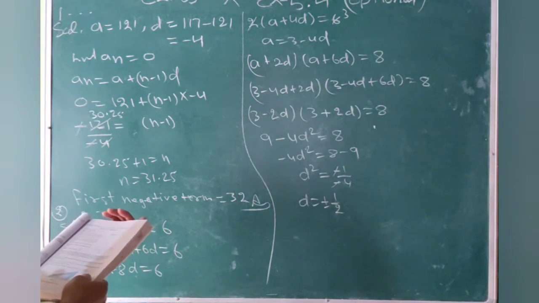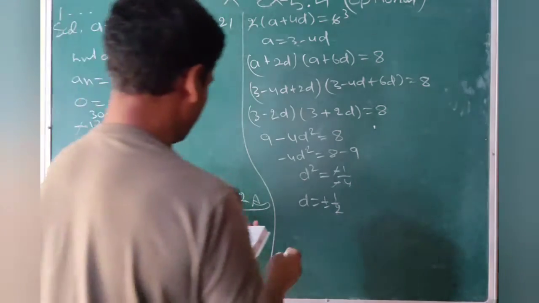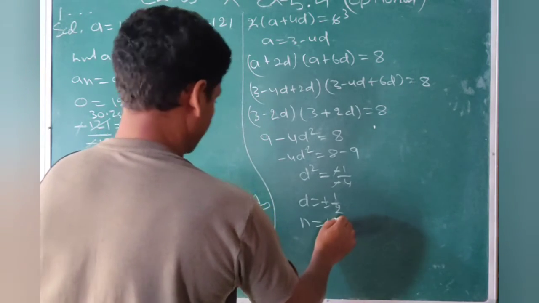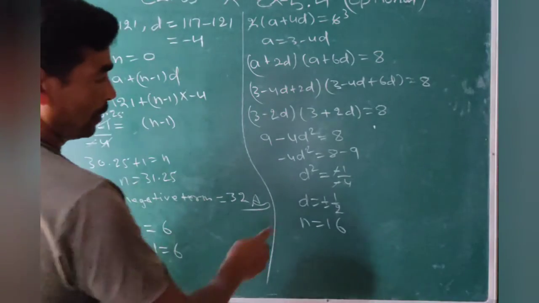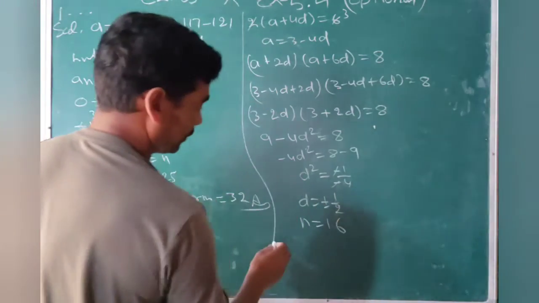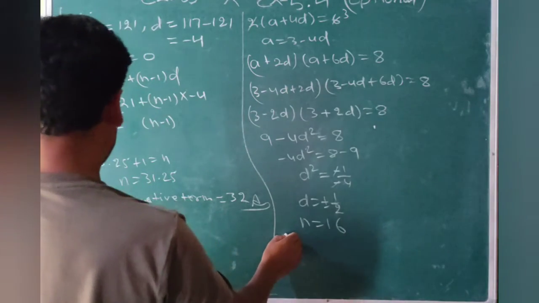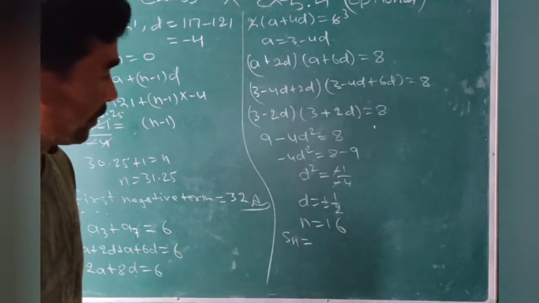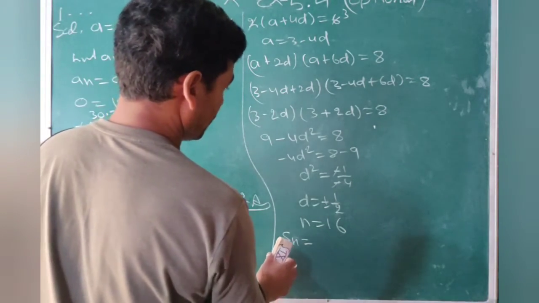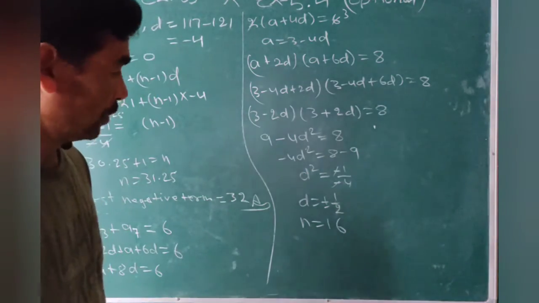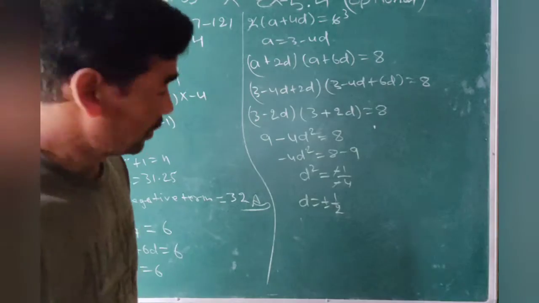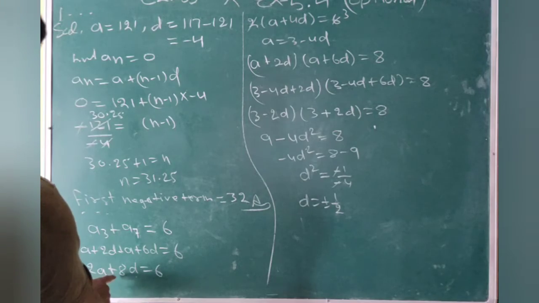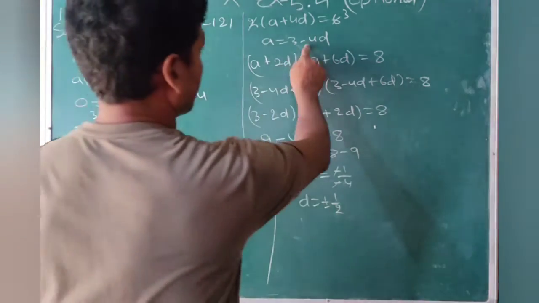And then the sum of the first 16 terms. So n is equal to 16. First we will apply that formula, so Sn is equal to, but the a value we will also find. We place the d value here.